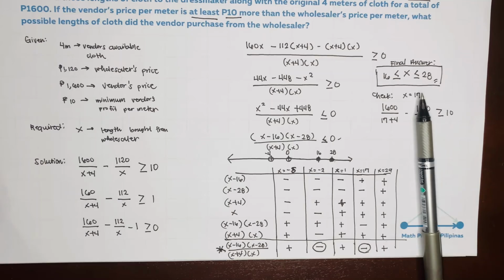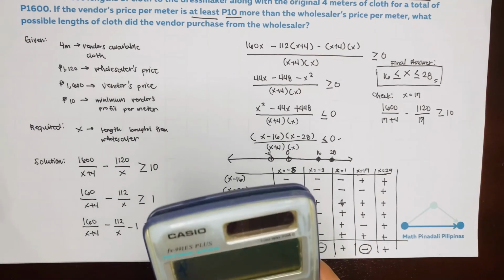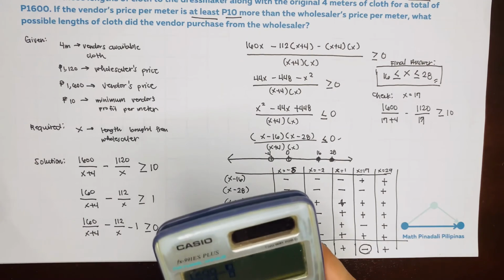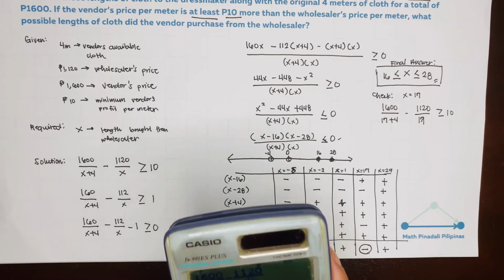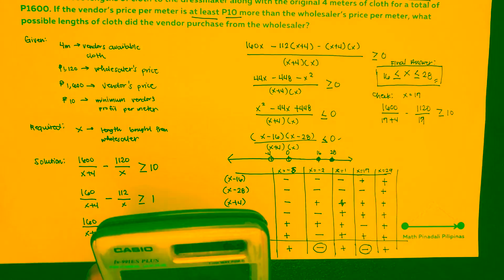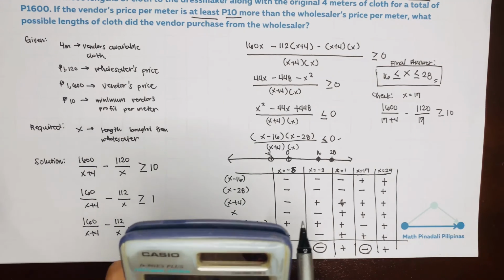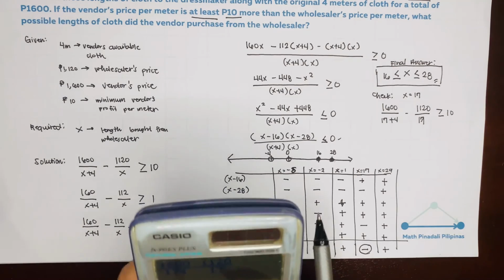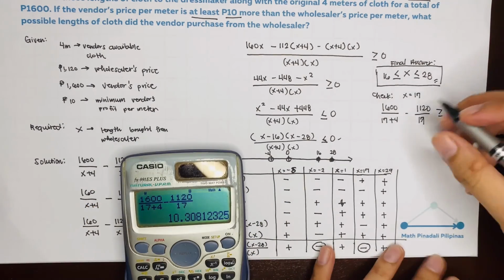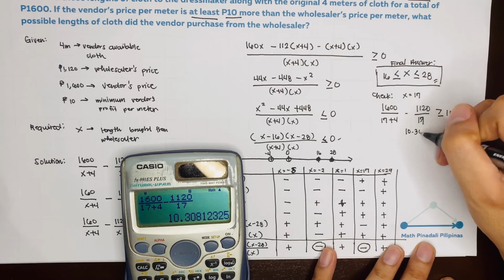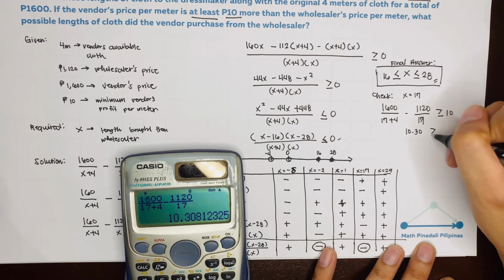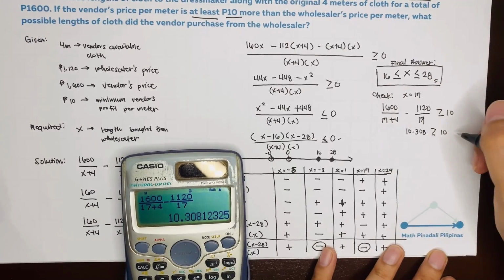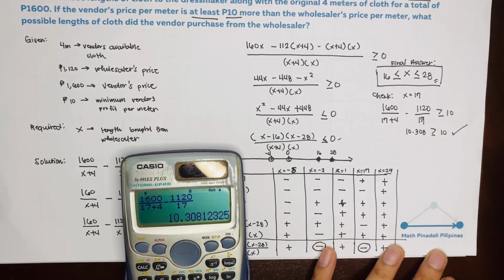If we solve the inequality, that's 17 plus 4 minus 1,120 over 17. Plus. This is 10.38, greater than or equal to 10. Nasatisfy niya naman yung inequality natin.